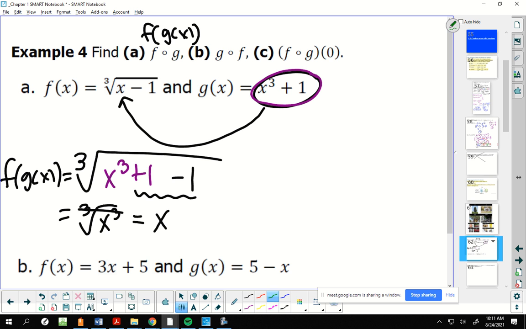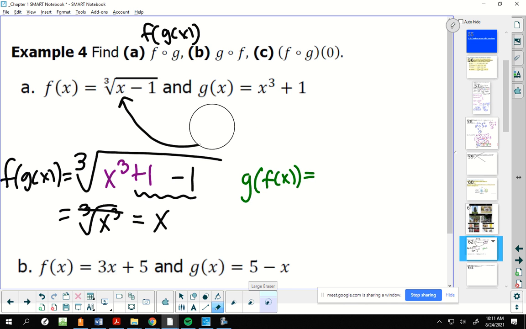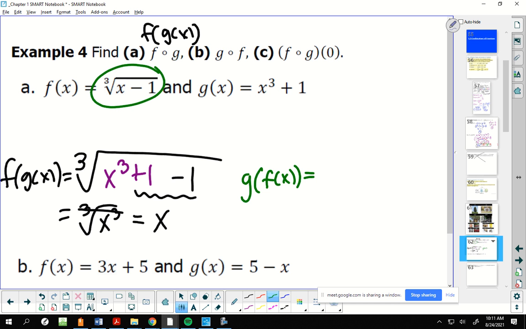Now let's find g of f. So g of f of x means that we're taking f of x and plugging it into g. So we're going to take this and plug it in to g. So again, we're working inside to the outside.